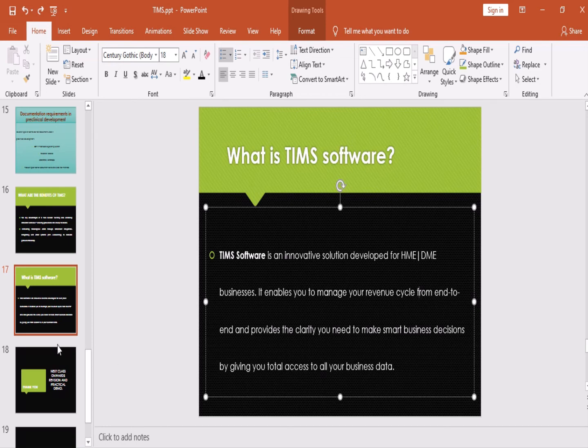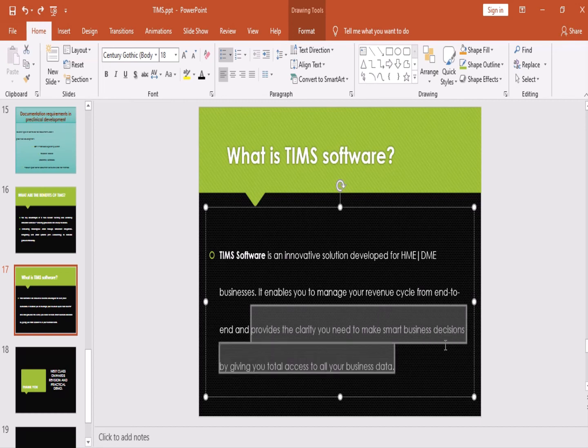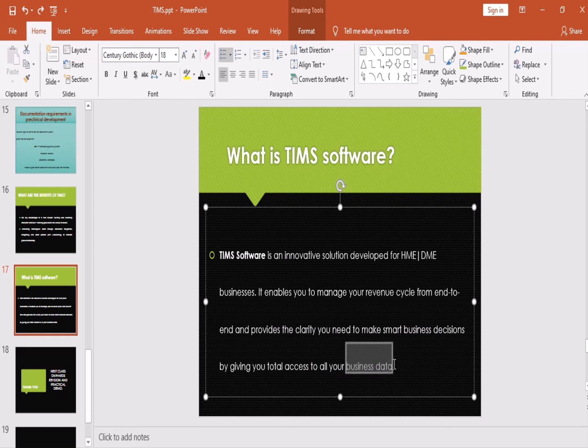Whatever data has been stored can be edited. So what is meant by business data? Whatever data is stored in your preclinical development is referred to as the business data.